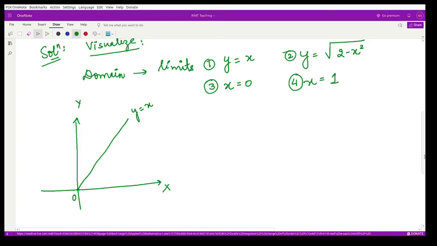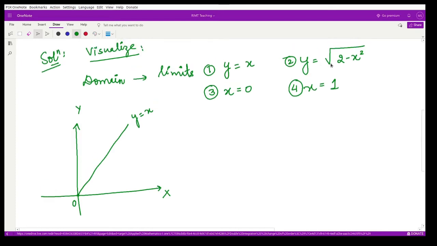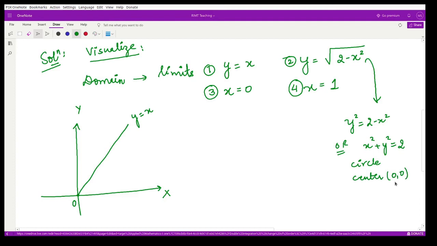Now the second curve, y is equal to square root of 2 minus x square. You can also write this as y square is equal to 2 minus x square, or in other words x square plus y square is equal to 2. So this is a circle having center at 0, 0 and radius square root 2, right?